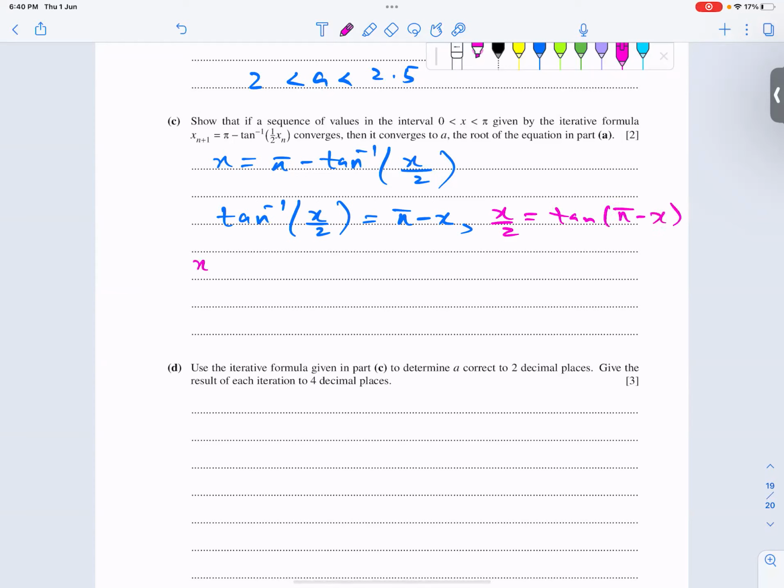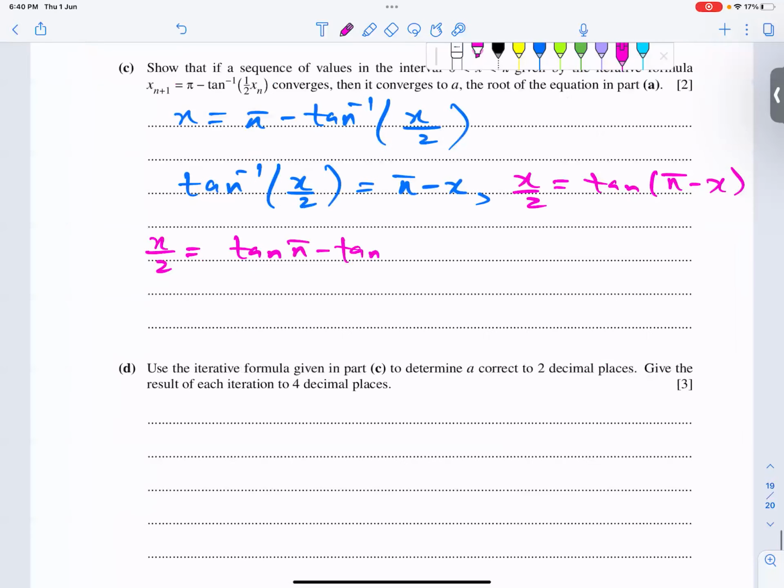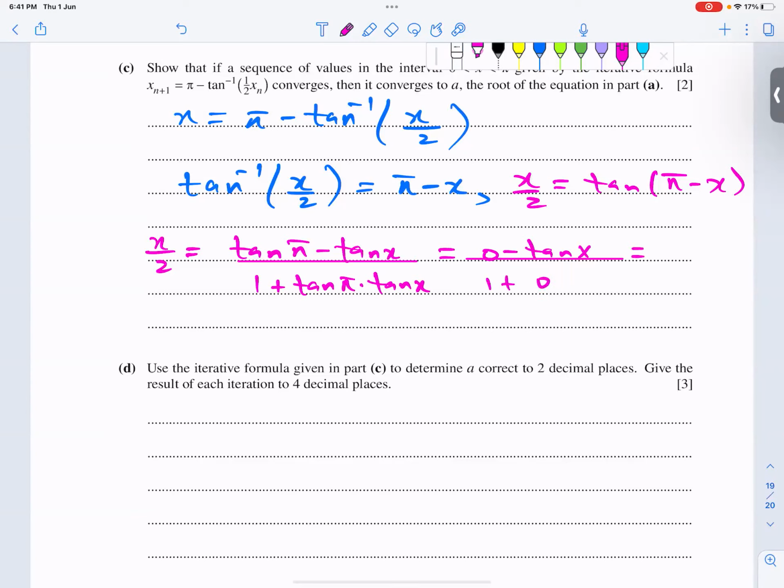Now you know the formula from trigonometry that tan of a minus b is tan of a minus tan of b, whole divided by 1 plus tan of a times tan of b. So tan pi is 0, you can check the calculator. Minus tan of x whole divided by 1 plus 0. So finally we have x over 2 is equal to negative tan of x. So negative x over 2 is equal to tan of x. So we are done.